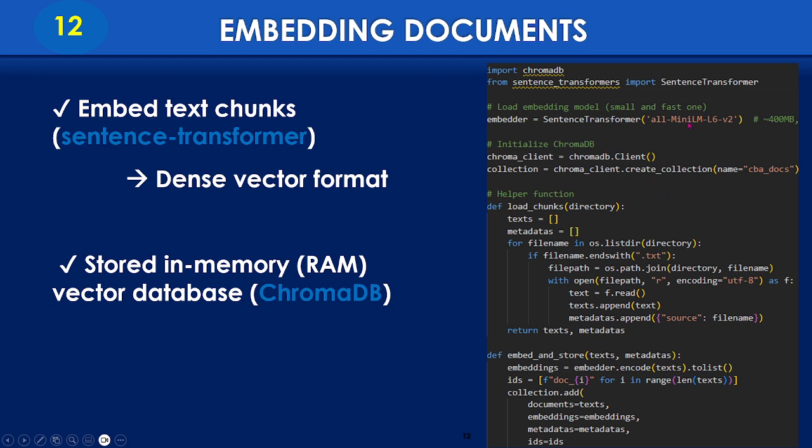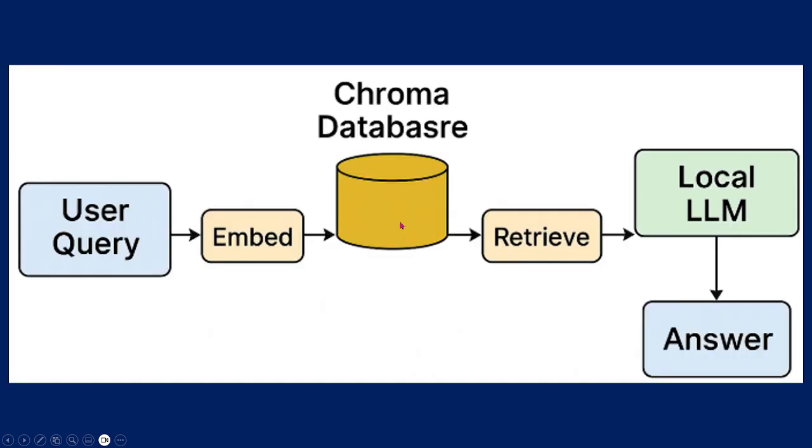What are these models? For example, here we have the MiniLM version 2 of the sentence transformer. And then we have the Chroma database to store all of this information in memory. It will help to find the top K relevant chunks, where K is a number, say 3, and then helps with the retrieval.